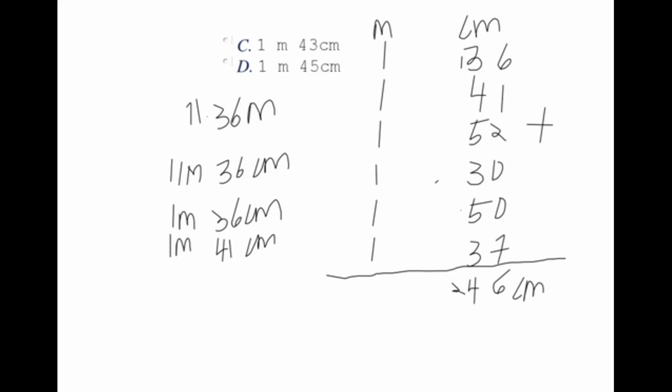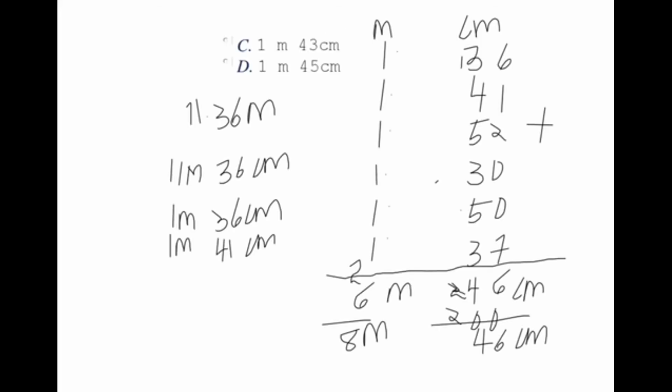So we have 246 centimeters. Then we have 1, 2, 3, 4, 5, 6 meters. So from 246 we can subtract 200 so that we carry 2 meters to this side. So we remain with 46 centimeters. Then here is 8 meters. So we have 8 meters 46 centimeters.